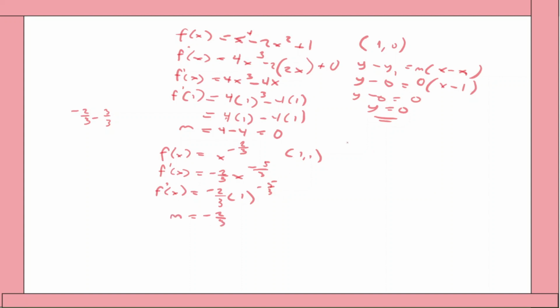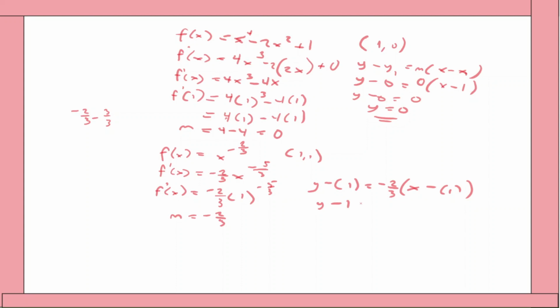So then if we were to solve this, we would again want to use y minus the y point, so 1, equals the slope, negative 2/3, multiplied by x minus 1 as well. Now we can simplify.